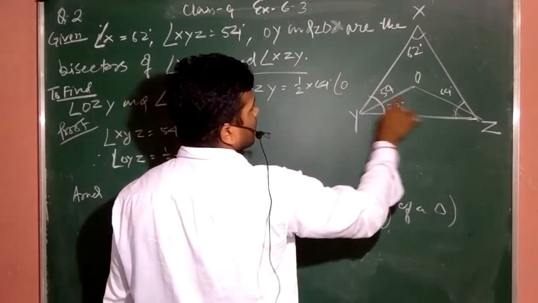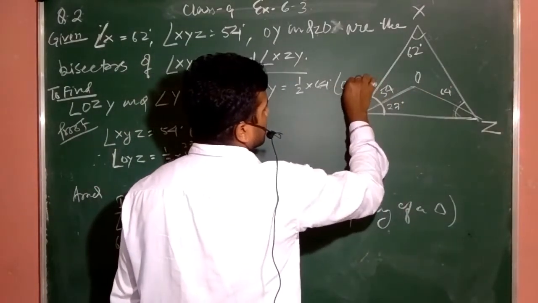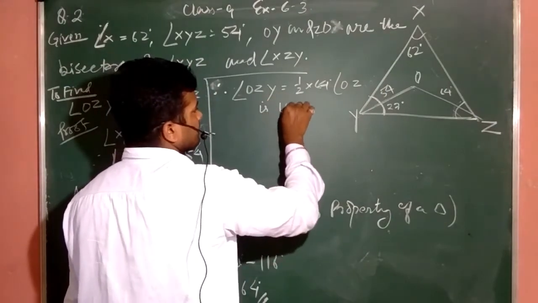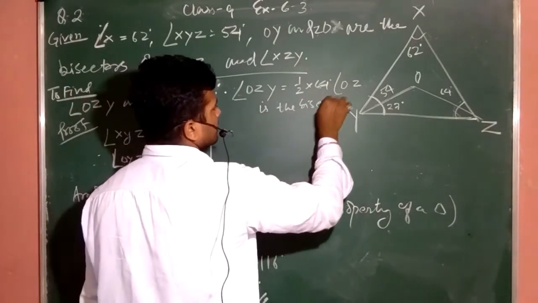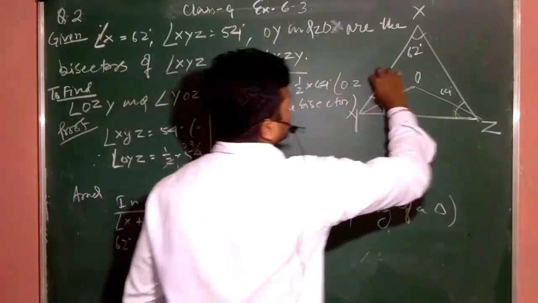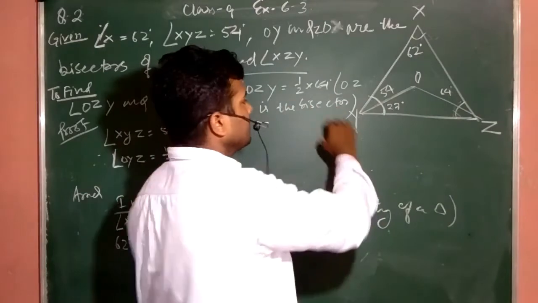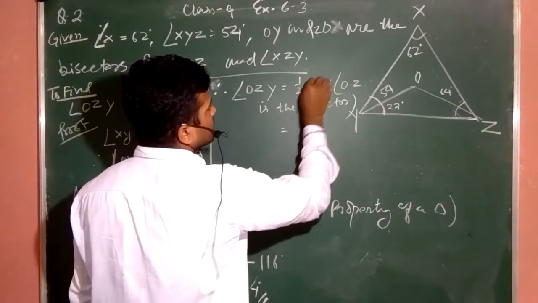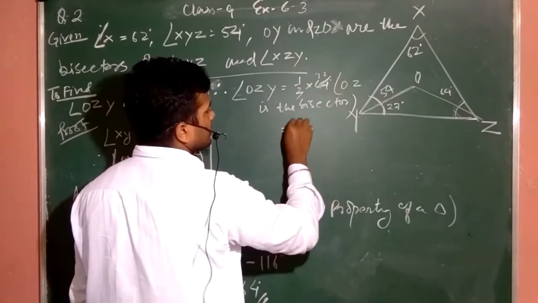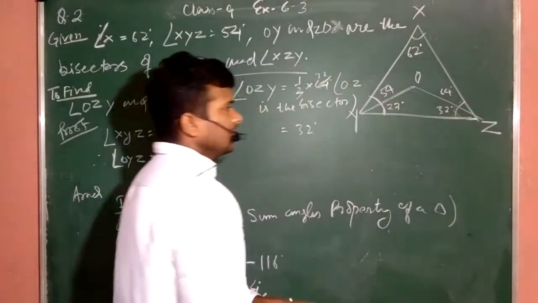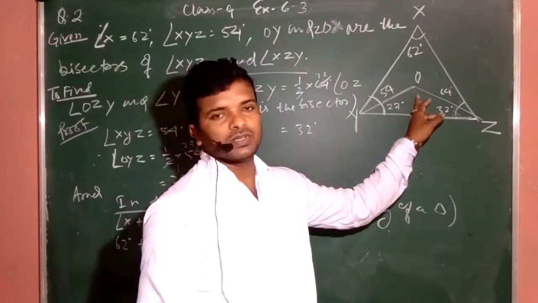Because OZ is the bisector. This one you will write this side, okay? Because there is no place, that's why I am writing here. But you will do this side only. So 2 ones are 2, 2 threes are 6, 2 twos are 4. That means 32 degrees. So this one we got 32 degrees. Now easily we can find this one, okay?